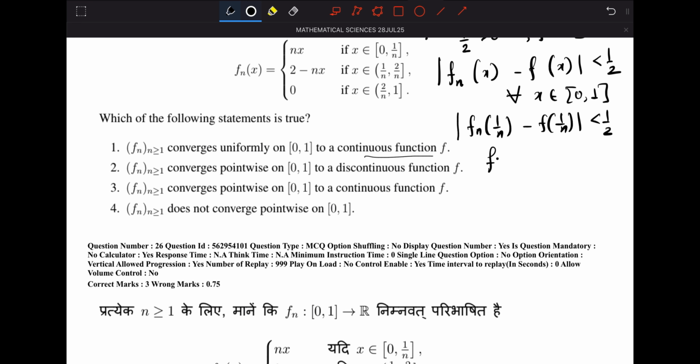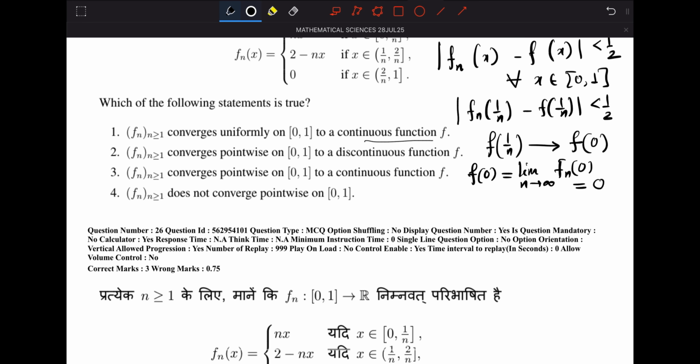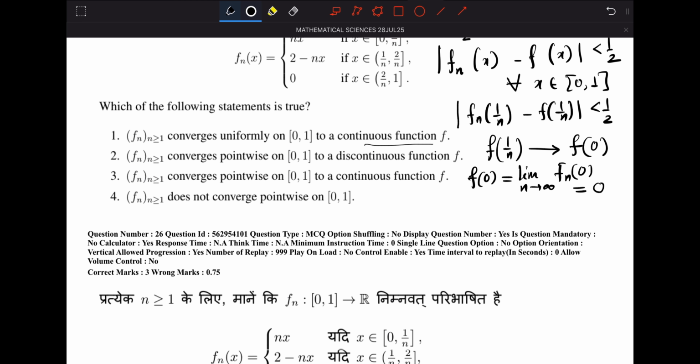As f is continuous, f(1/n) converges to f(0), and f(0) is the limit as n tends to infinity of f_n(0), because uniform convergence implies pointwise convergence, and f_n(0) is 0 for every function. So f(1/n) converges to 0.